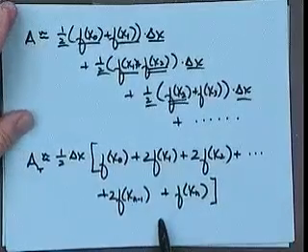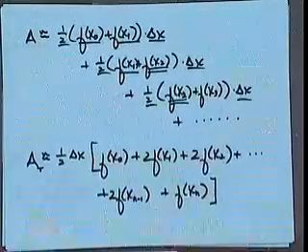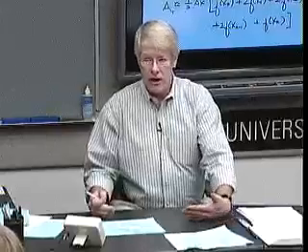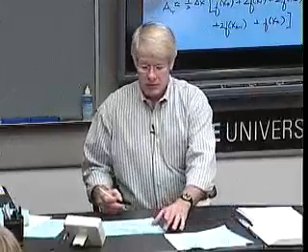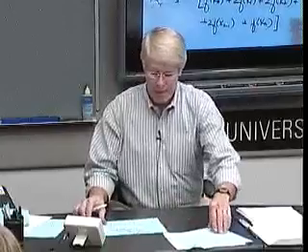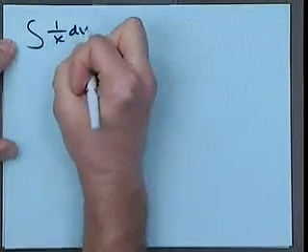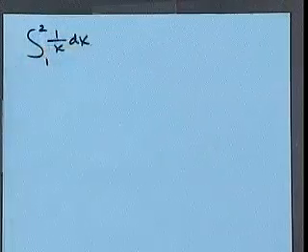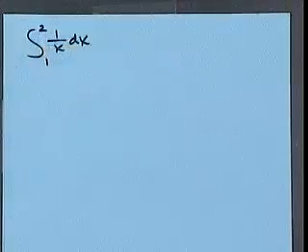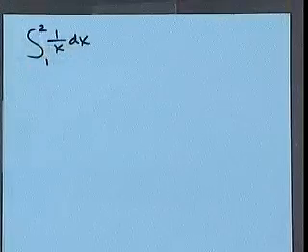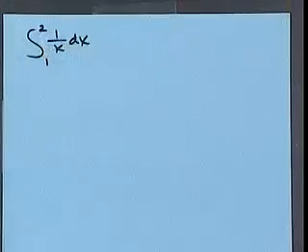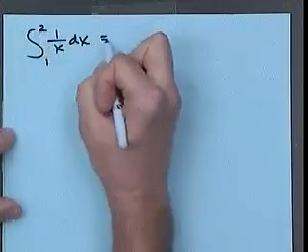Let's do as our first example a problem that we can check and see how good our answer is, because we have an exact way to do the problem. This problem, we don't actually need numerical integration or trapezoidal rule approximation to get us a solution, because we already know how to integrate 1 over x.